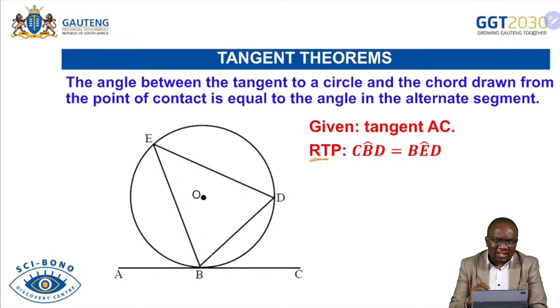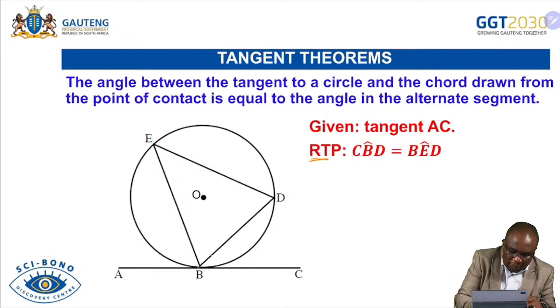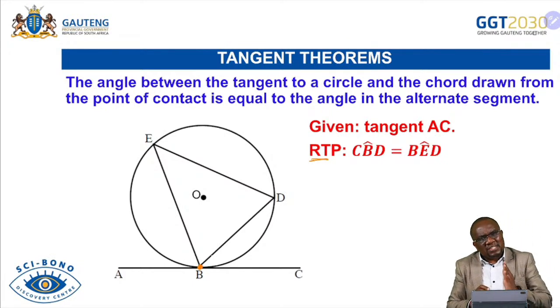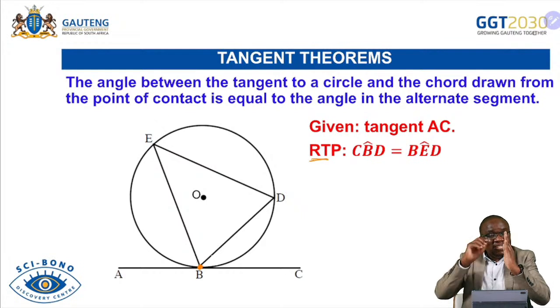You draw a line from the point of contact of the tangent and the circle, isn't it? In this case, it's going to be B. So you draw a line from B through the center to the circumference. Okay?